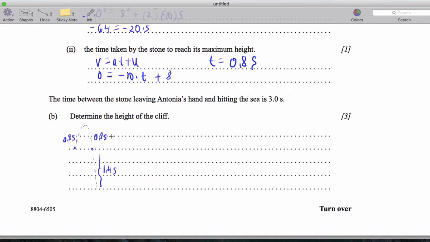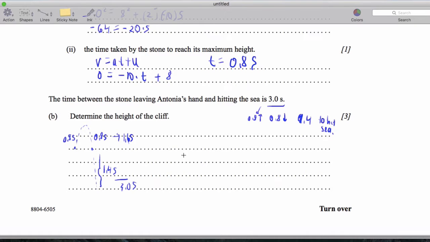Why? Because 0.8 plus 0.8 is 1.6, and 1.6 plus 1.4 seconds gives me a total of the 3 seconds of traveling that we have. So we have 0.8 to go up, 0.8 to go down, and then a remaining 1.4 to hit the sea.